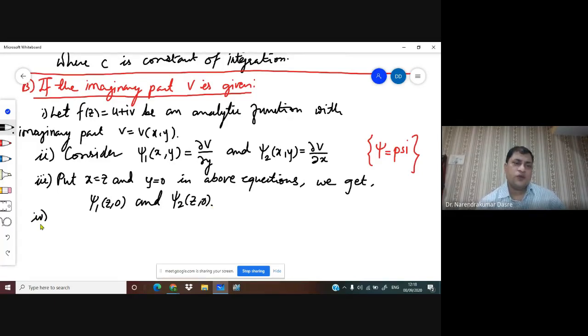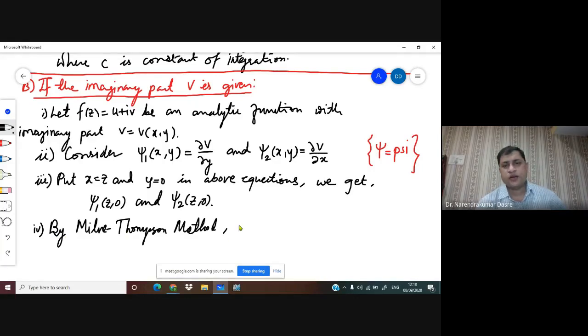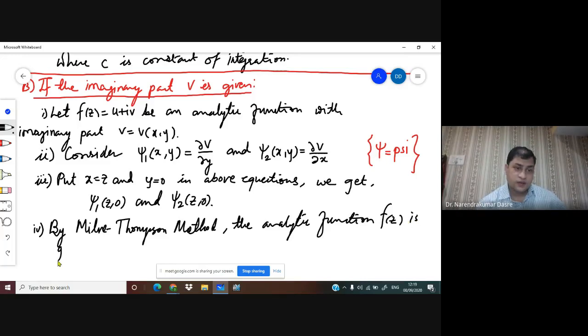Now the fourth and final step. By the Milne-Thomson method, the analytic function f of z is given as follows.